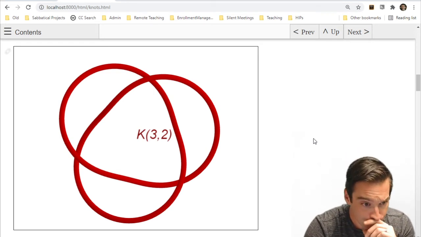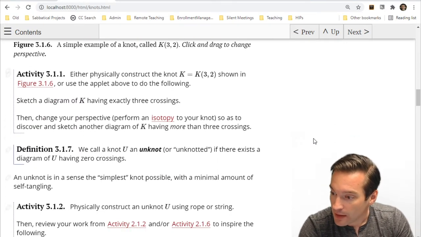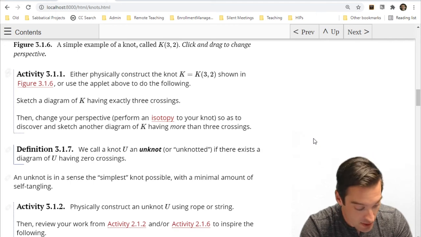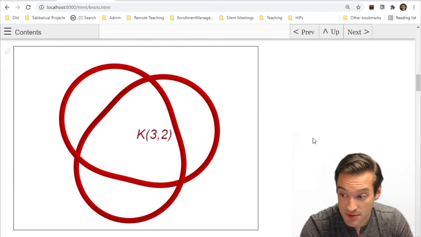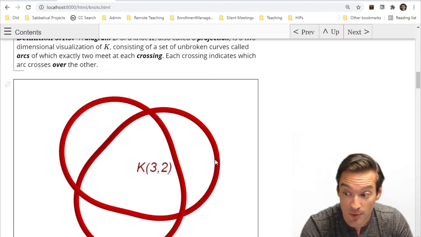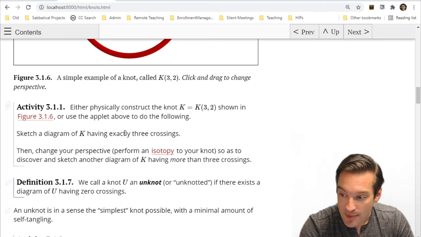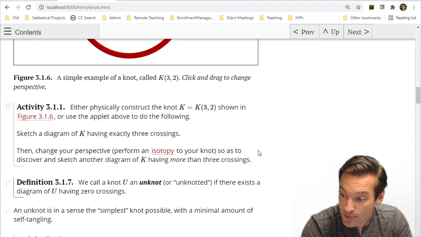So where I want us to start with your teams today is to start with this trefoil knot, K32. Either construct a copy of it using rope or wire, or you can just use this virtual interactive. This was built with GeoGebra, if you're interested. Sketch a diagram that has three crossings, and then change your perspective so that you can find and sketch a diagram that has more than three crossings.